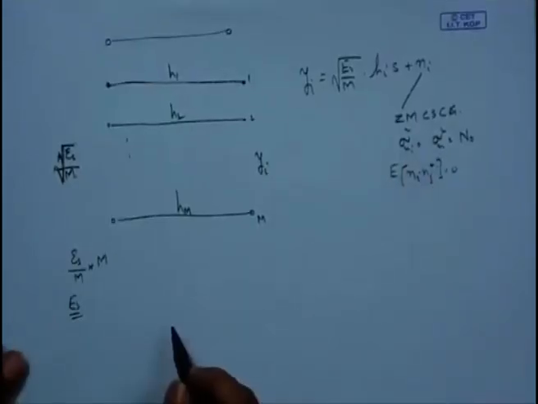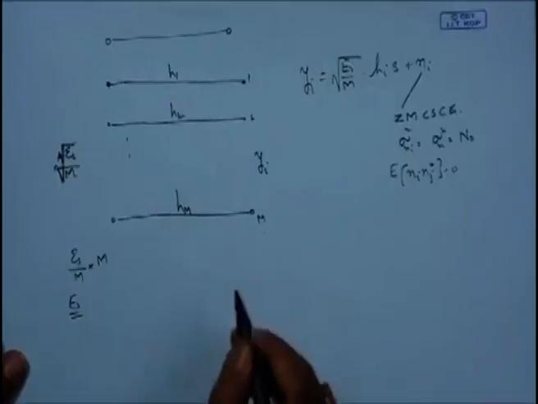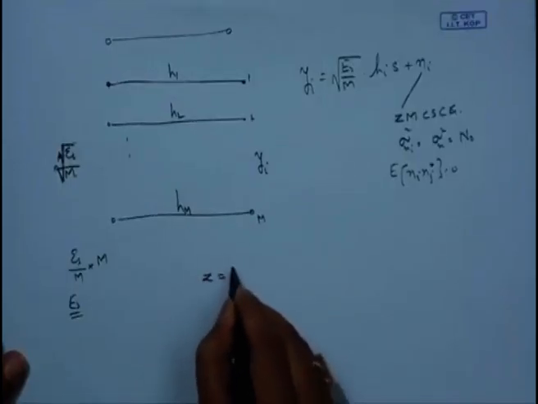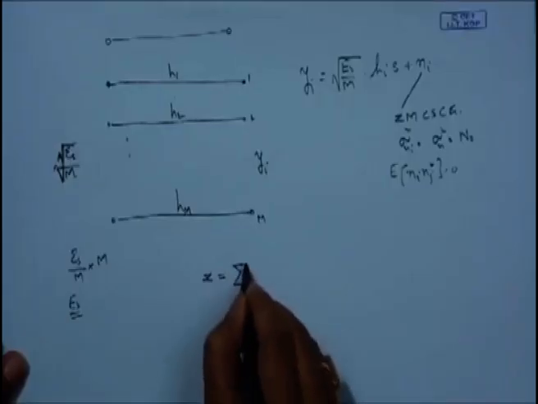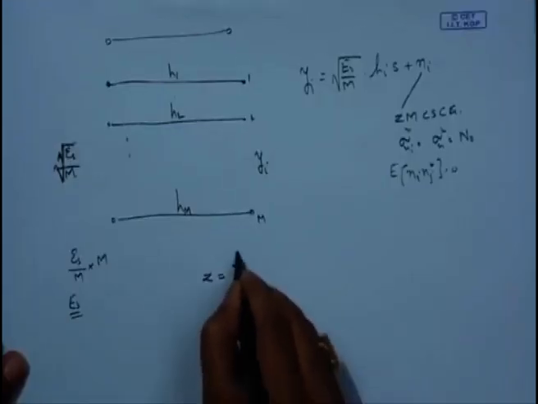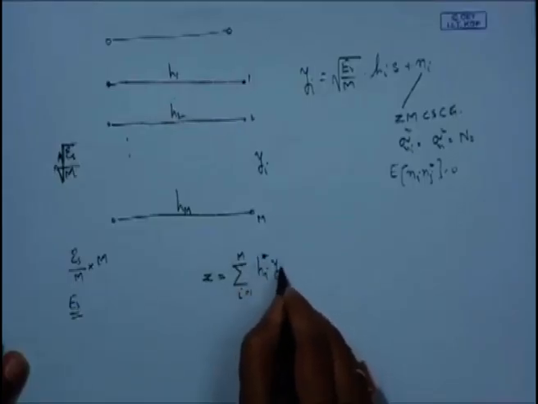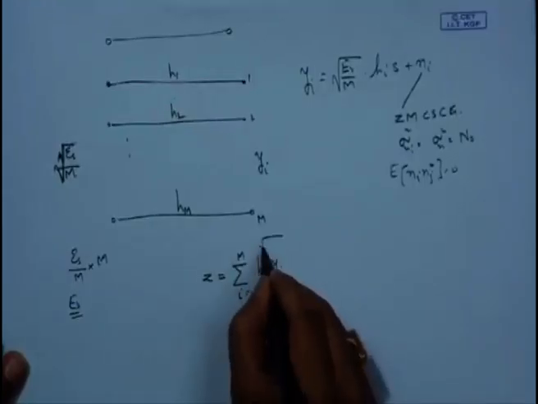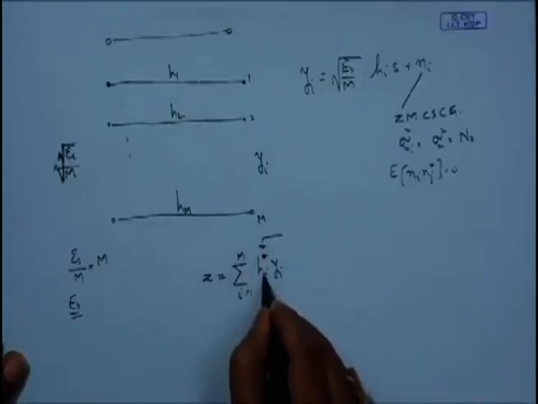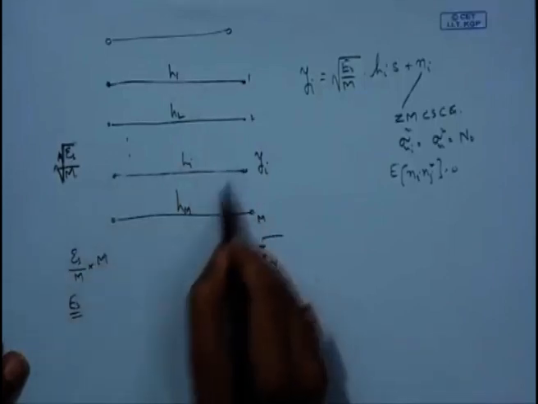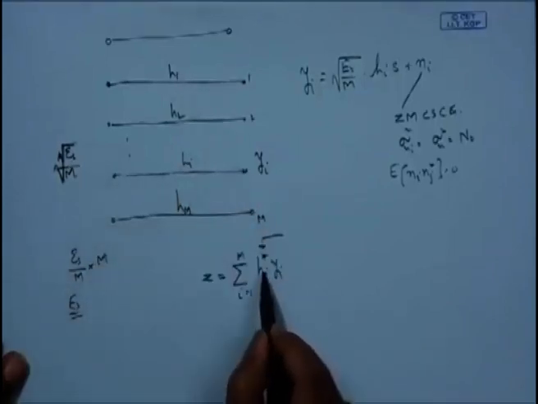And at the receiver we would like to maximize the SNR, so I would like to have a combiner such that the received signal Z is formed by the sum from i equals 1 to M of hi conjugate yi. This means I have knowledge about the ith channel, which is hi, and I use it.